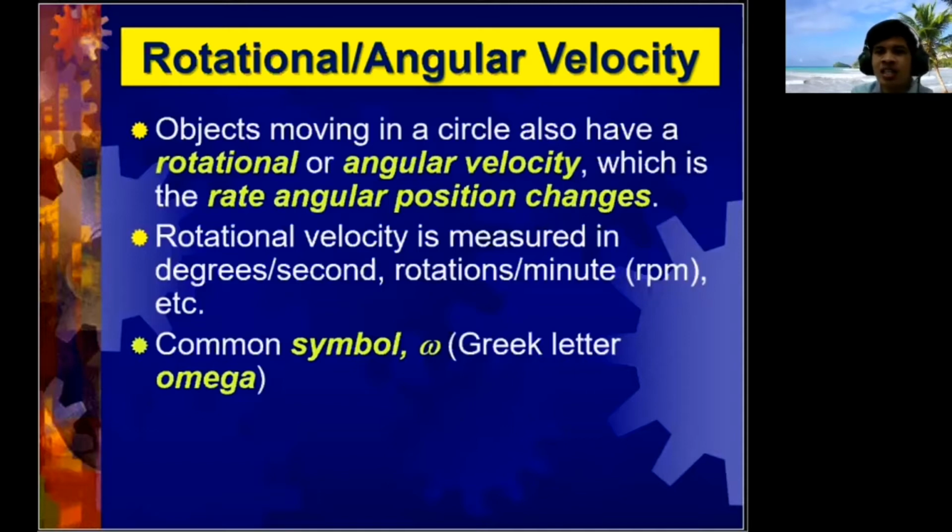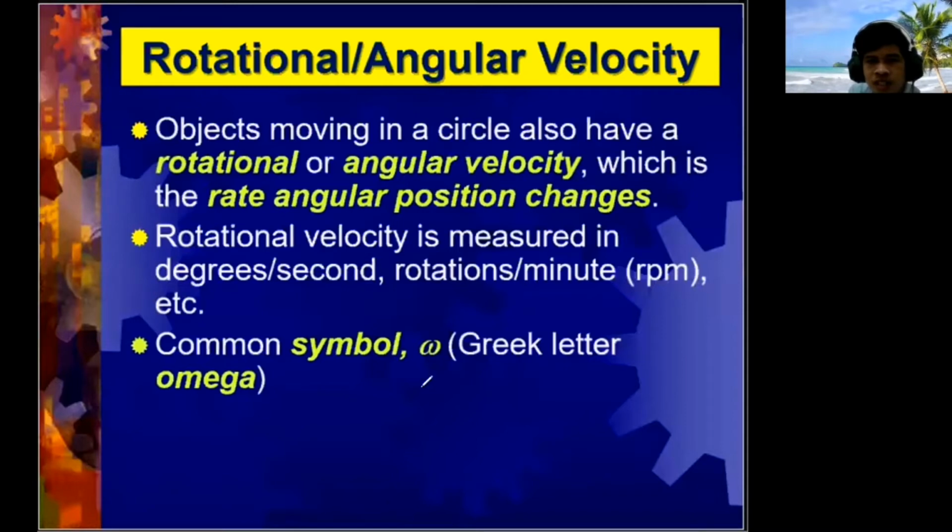So again, rotational or angular velocity can be measured in degrees per second, or the equivalent in radians per second, or rotations per minute or revolutions per minute. These are some of the units of measure of angular or rotational velocity.